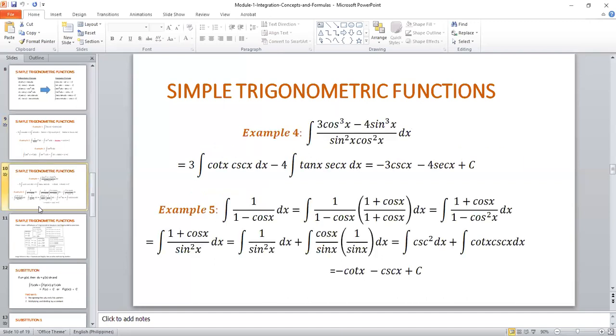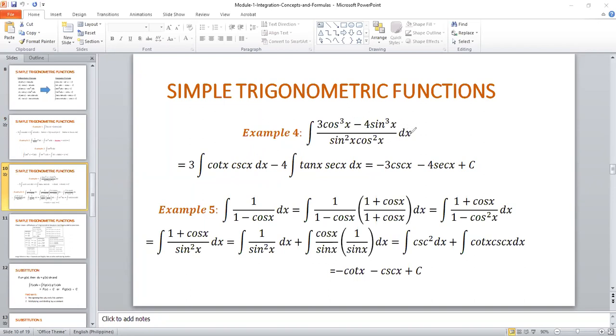What about number 4? You have 3 cosine cube x minus 4 sine cube x over sine squared x cosine squared x. Okay, so this is where your trigonometric identities will really be very useful. What you do is distribute this sine squared, cosine squared to each of the terms in the numerator.